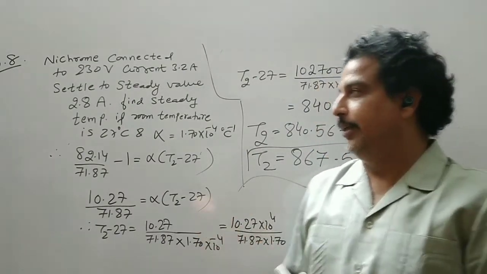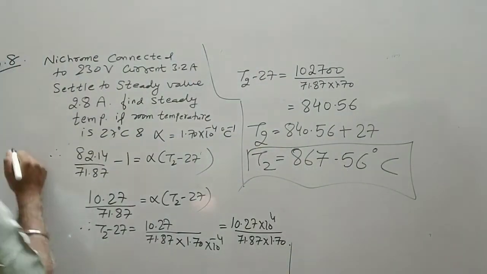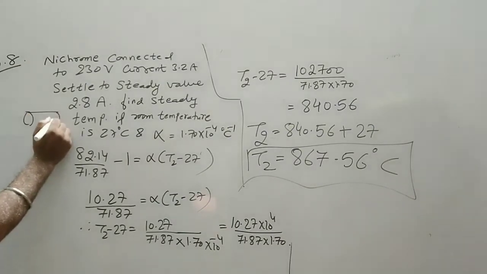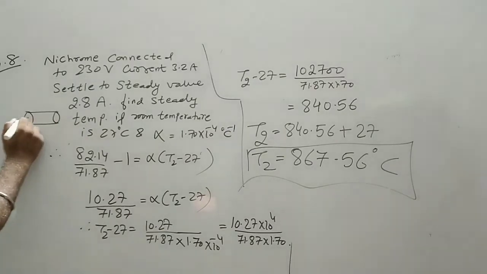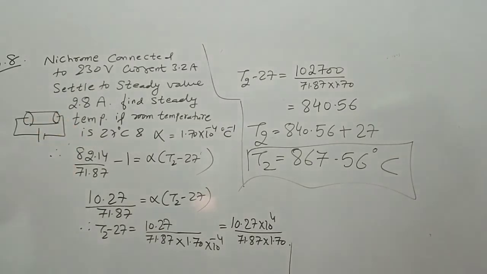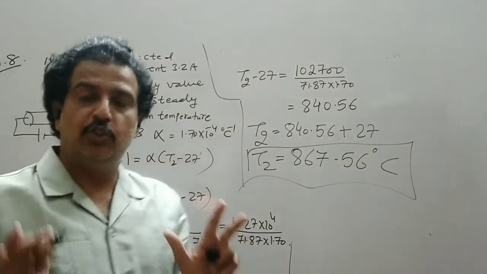So clearly you simply remember these things. Any conductor, now generally we take a nichrome wire. So as soon as I connect any conductor to a source, the current takes some time to become steady.